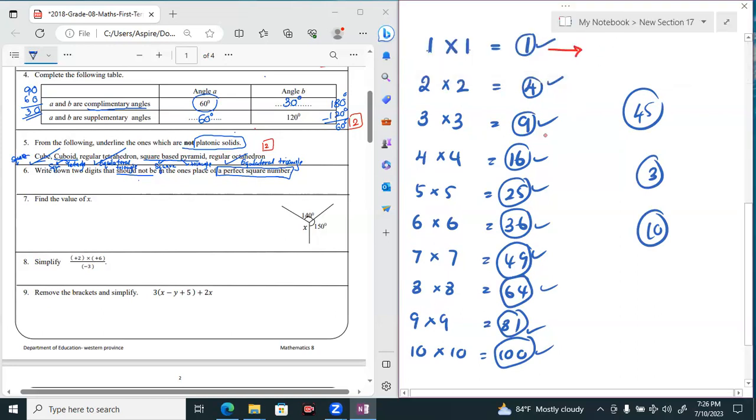එතකොට පොඩ්ඩක් අපි බලමු මේ වගේ ones place වල digit එක මොකක්ද කියලා. It is also very important.